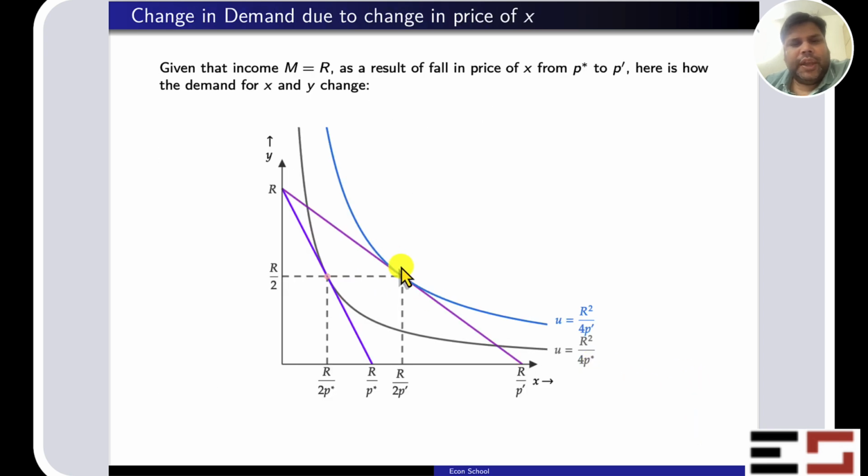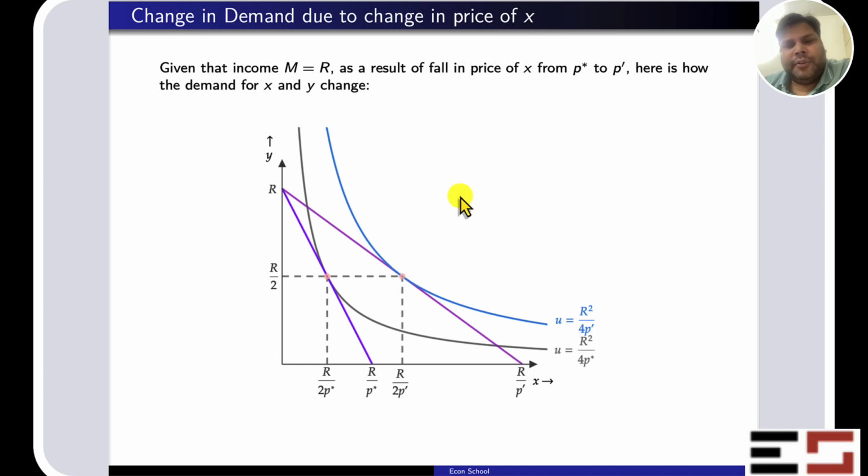And this is the new situation. When the price changes from p star to p prime, this is how the new situation will look. This is the new budget line: R by p prime is the horizontal intercept, R is the vertical intercept, and the optimal bundle is right over here.